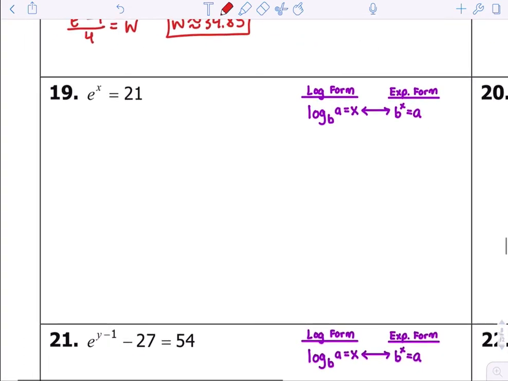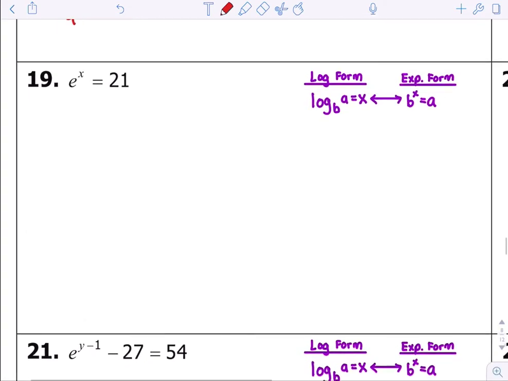Alright, 19. So we have exponential form, so now we're going to change it to become log form. So b value is e, our x value is x, and our a value is 21. Now let's just change it to be log form. So log form, log of base b, which is e for us. Our a value is 21, and our x value is just x.